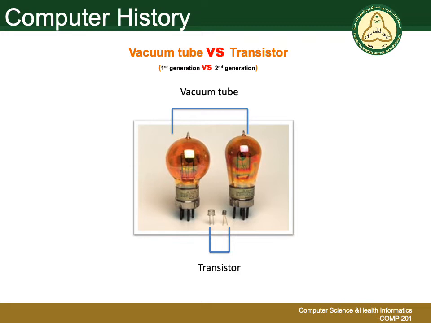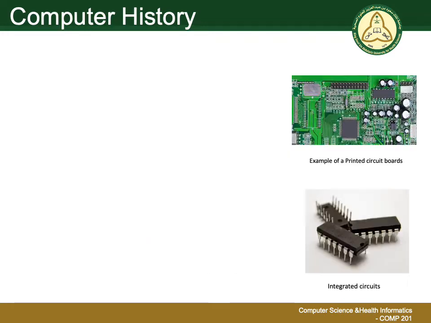Look how big is the difference between the vacuum tube and the transistor. How big is one vacuum tube compared to the small transistor. This impacted how computer scientists in the past manufactured a computer, from a big room to something very small compared to the old or the first generation.